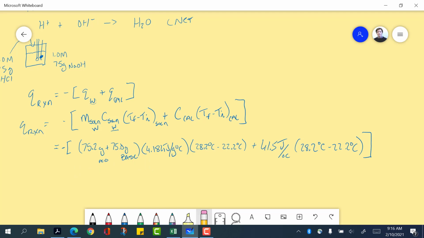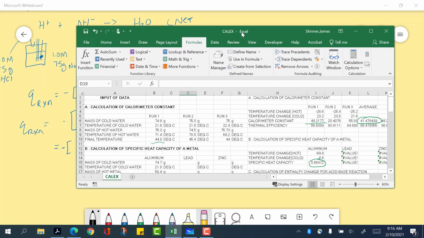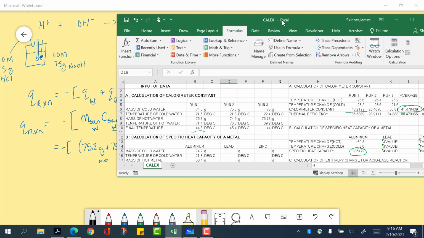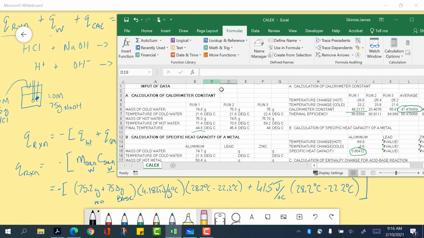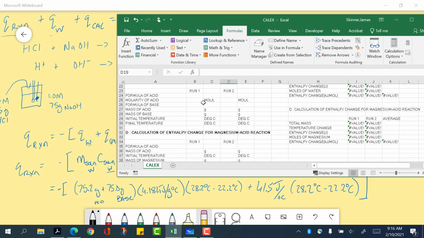And that is going to be your heat of reaction, right? And remember, the enthalpy is the heat of reaction. So whatever that turns out to be, if we plug that into a spreadsheet quickly to find out here, the mass of the acid was 75.2.